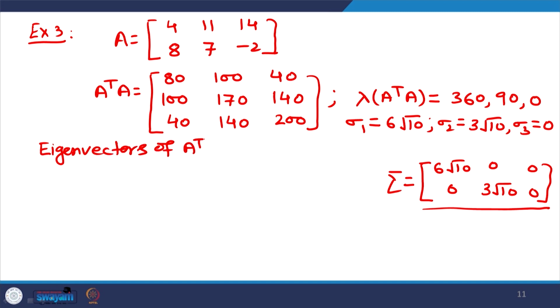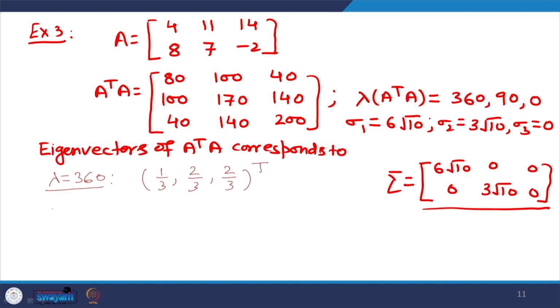For A transpose A, corresponding to lambda equals 360, the eigenvector comes out to be 1 by 3, 2 by 3, 2 by 3 transpose. For lambda equals 90, the eigenvector is minus 2 by 3, minus 1 by 3 and 2 by 3 transpose.